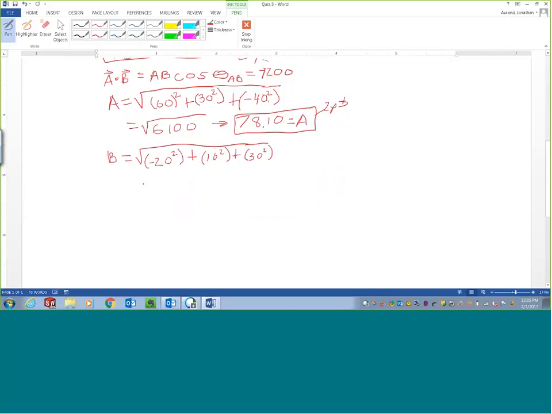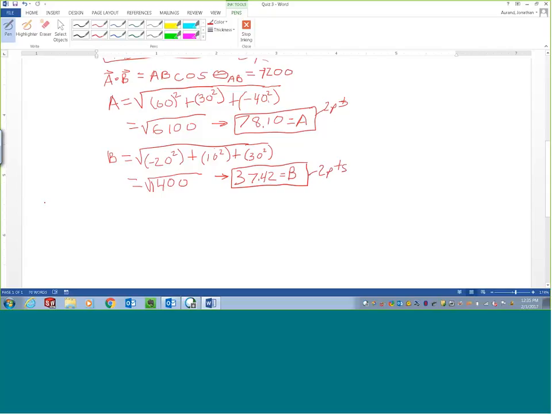So that all equals out to be the square root of 1400, which goes to 37.42. That was also 2 points. Got 6 points out of our 10 so far.